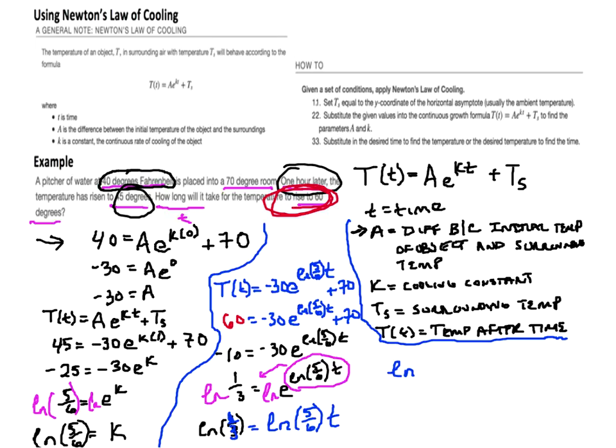I end up getting the ln of 1/3 divided by the ln of 5/6 equals t. When I put that into my calculator, I get 6.026. So it takes approximately 6 hours for the pitcher of water to reach 60 degrees from 40 degrees.